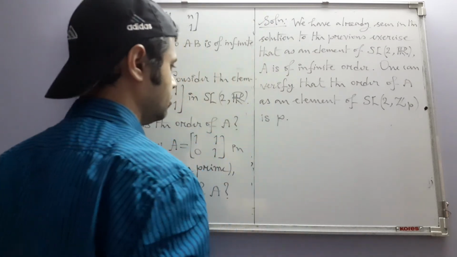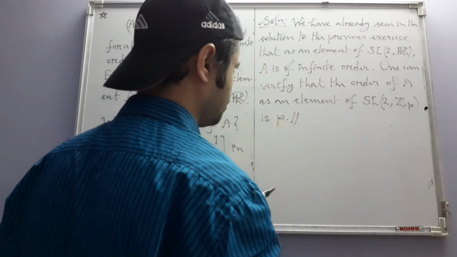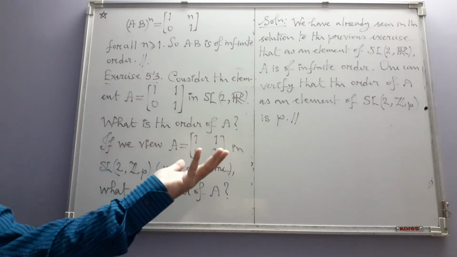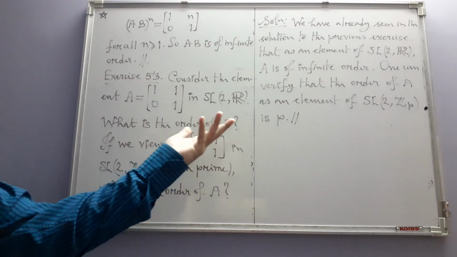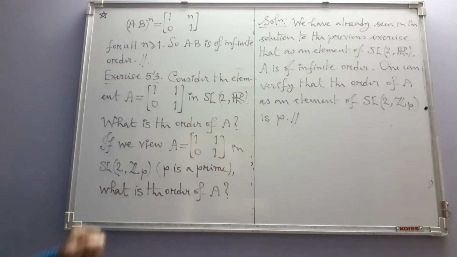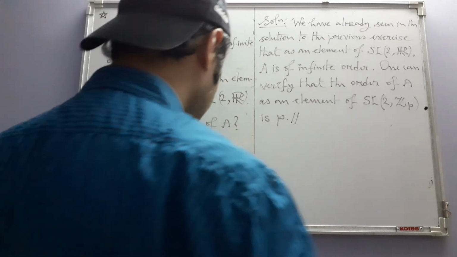One can means you should verify and make it a part of the solution. In fact, in this form the solution is incomplete. We are just simply mentioning that the order is going to be p without actually verifying it, but you supply the missing steps.